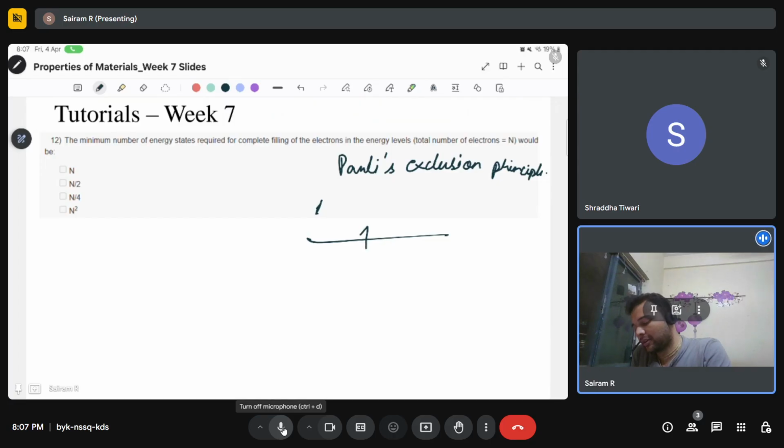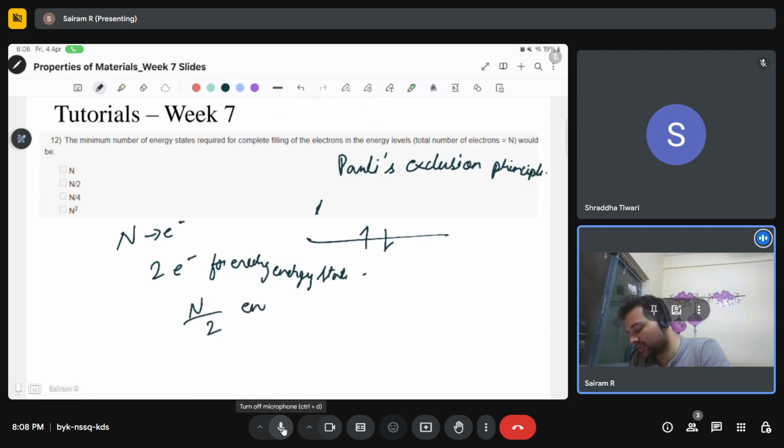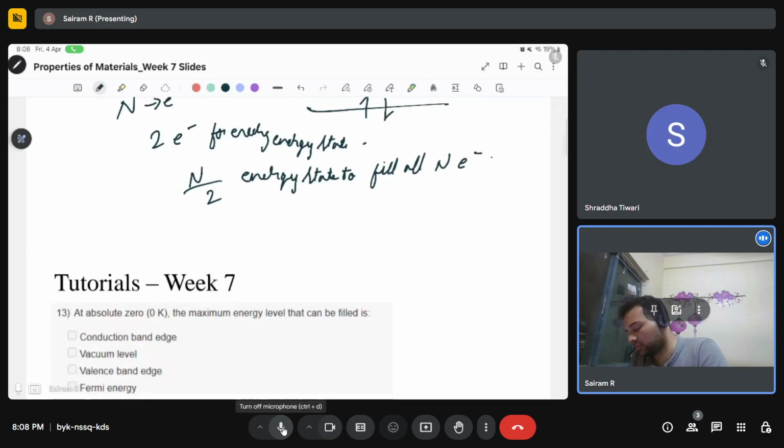For every positive spin, there has to be a negative spin, and if we have a total of n electrons, then at each energy state 2 electrons are used. So we'll need a total of n by 2 energy states to fill all n electrons, right? So the answer is n by 2.